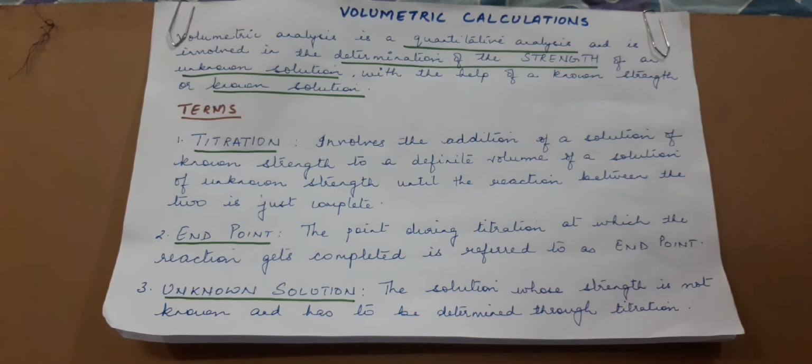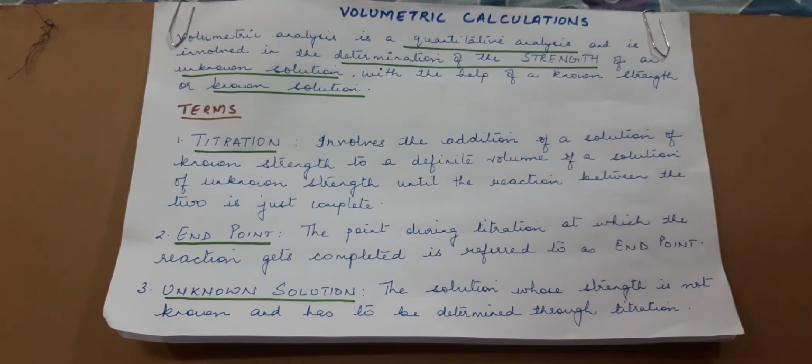And using this known solution, whose strength I know, whose volume I know, I use this solution to find out the strength and the volume of something which is unknown to me. Some solution whose amount, whose strength, whose concentration I do not know.